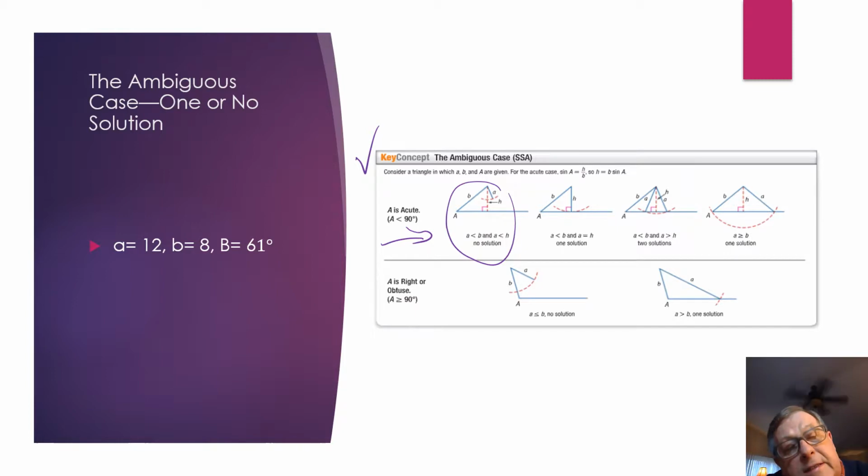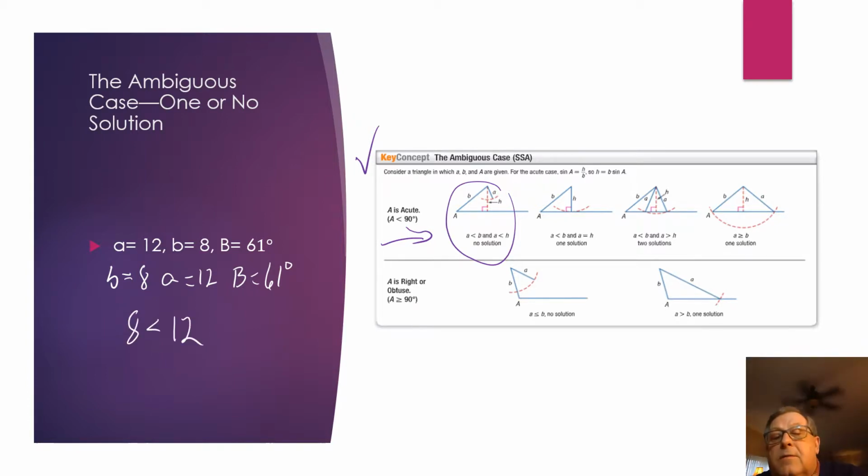So I'm going to rearrange this so that b is equal to 8 and a is equal to 12 and angle B is equal to 61 degrees. It's an acute angle. So first I'm asking: is the side opposite the angle that I know less than the other side measure that I've been given? And yes, 8 is less than 12.